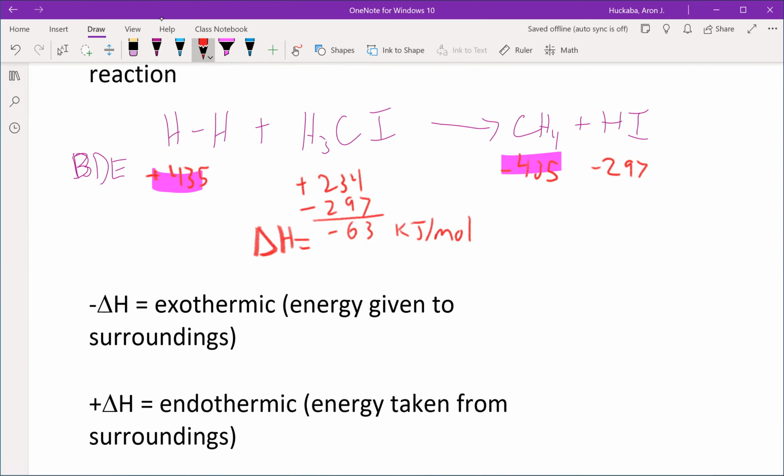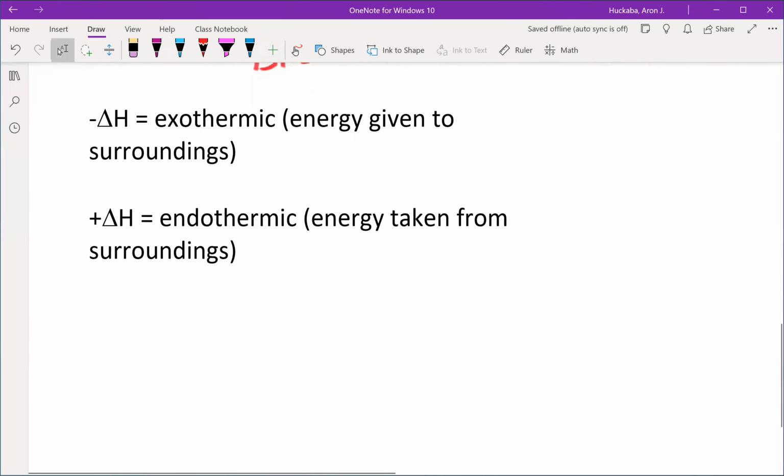Exothermic reactions get warmer as the reaction goes on because of the energy given to the system, and endothermic reactions get colder. And you can actually make charts showing each of these.